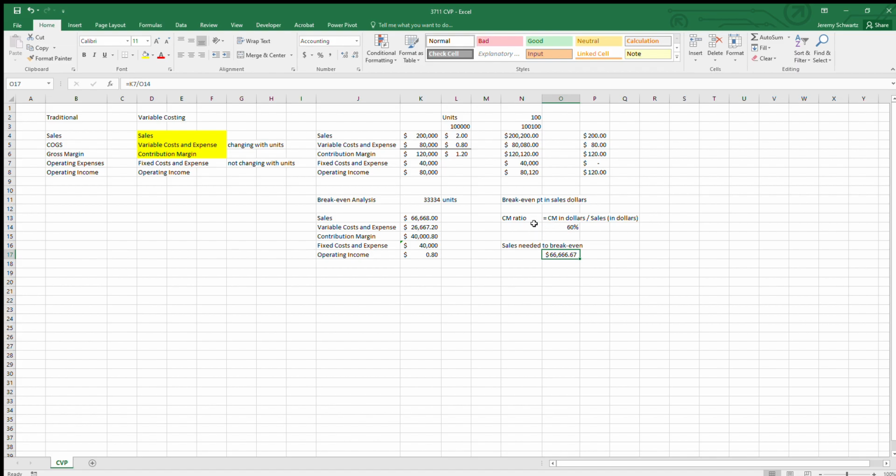So the CM ratio will give us the break-even in terms of sales dollars, and the contribution margin per unit would give us our break-even in terms of units.